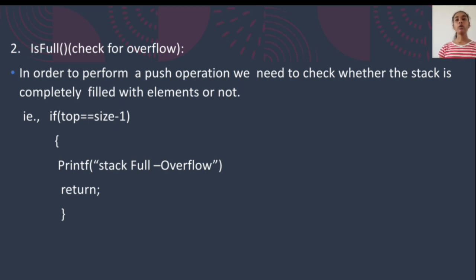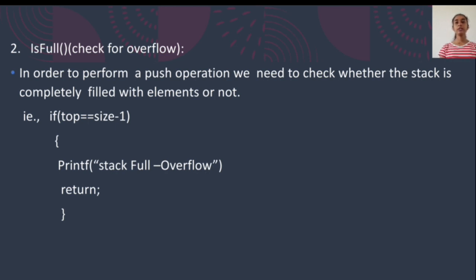So here top represents the index of the top element in the stack and SIZE represents the maximum size or capacity of the stack. The if condition checks whether the top index is equal to SIZE-1.